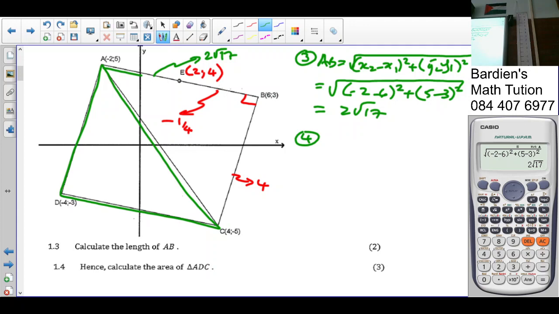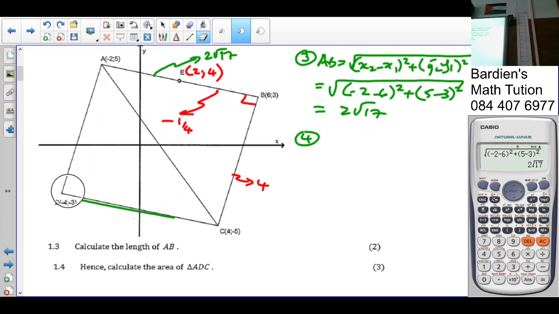Half base times height. But remember, this is a parallelogram. So what do we know? Opposite angles are equal, opposite sides are equal. So that means DC is 2 root 17 as well.